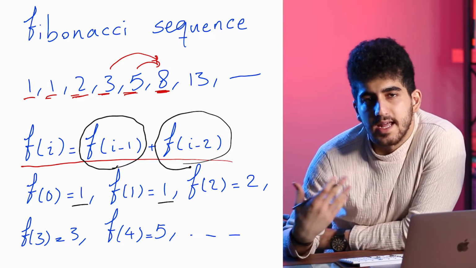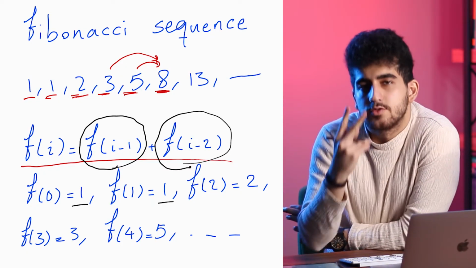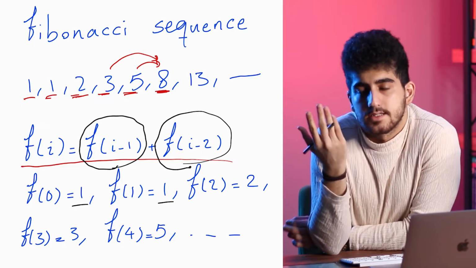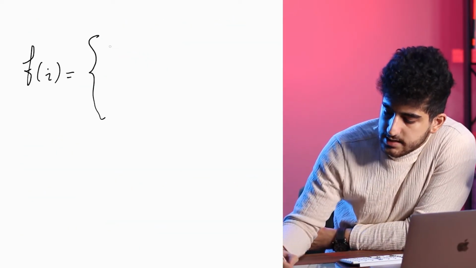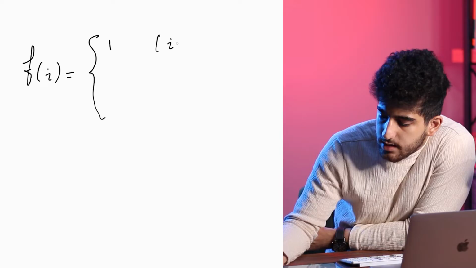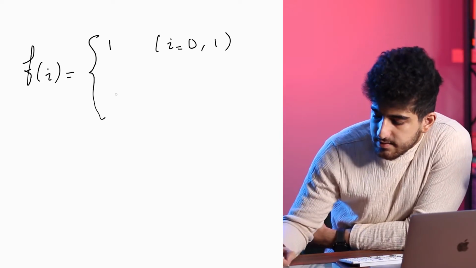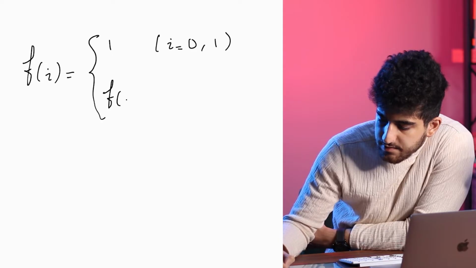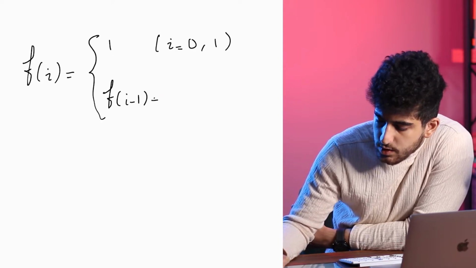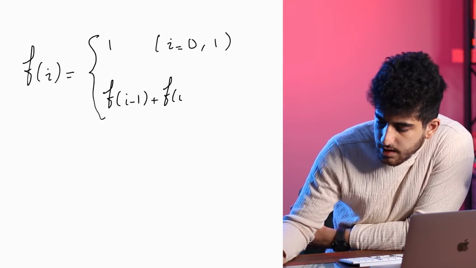So for just two values, I keep the answer as 1. And for I greater than 1, f of I is equal to f of I minus 1 plus f of I minus 2.